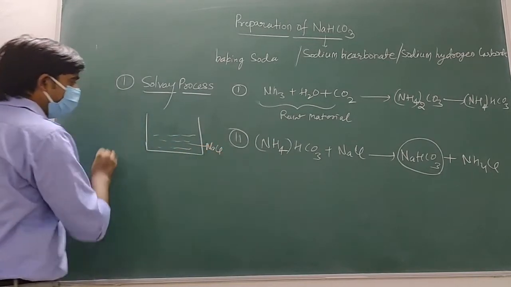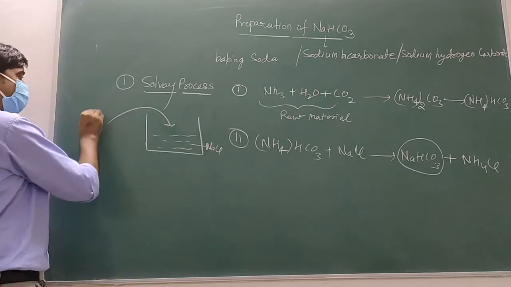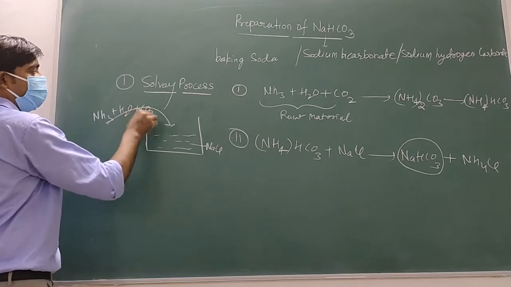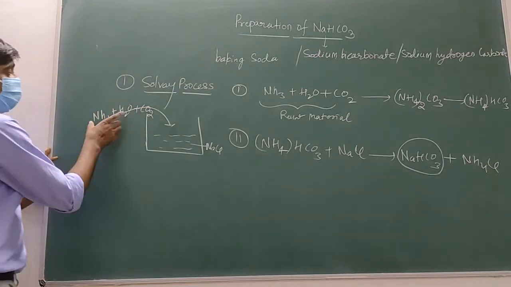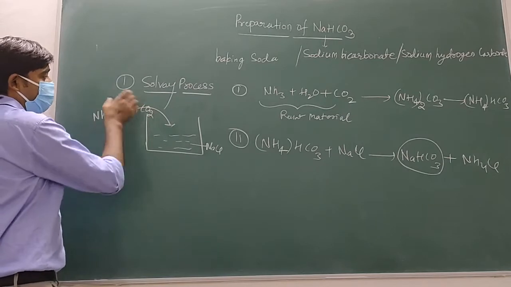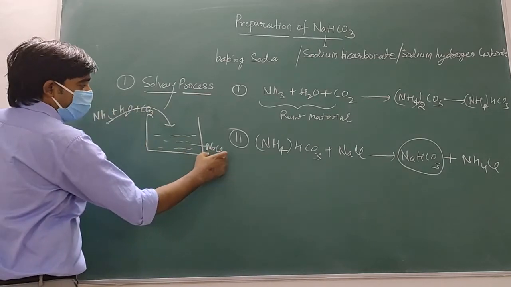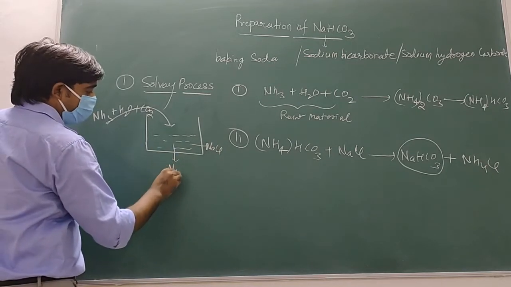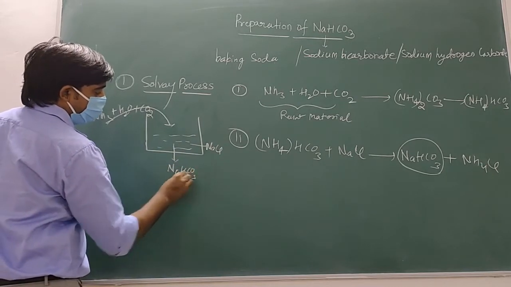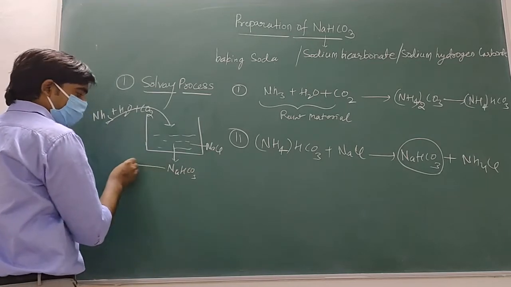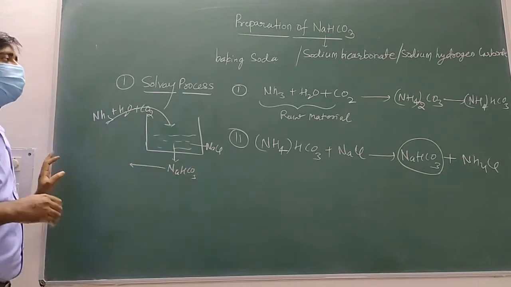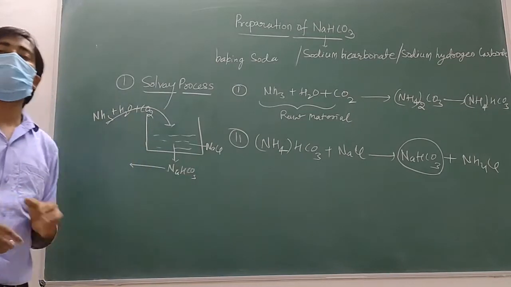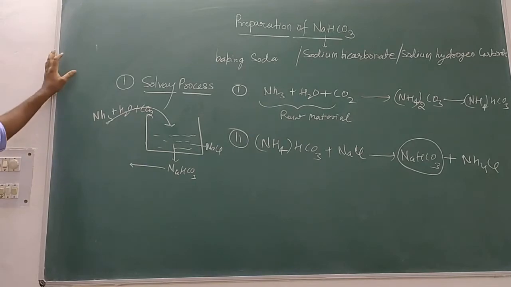When this mixture passes through the cold solution of NaCl, NaHCO3 is precipitated, purified and collected as baking soda or sodium bicarbonate or sodium hydrogen carbonate. So this is the synthesis.